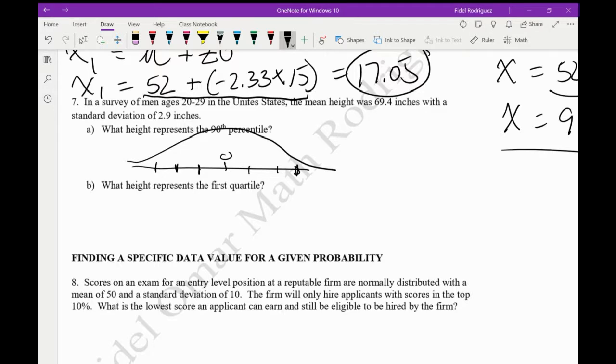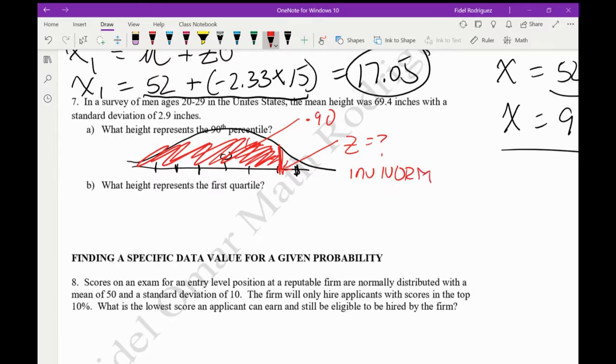If I'm looking for the height that represents the 90th percentile, that's telling me I want to know what the z-value is right here so that the area under that curve is 0.90. The way I can do that, y'all, is I can go inverse norm of 0.90.